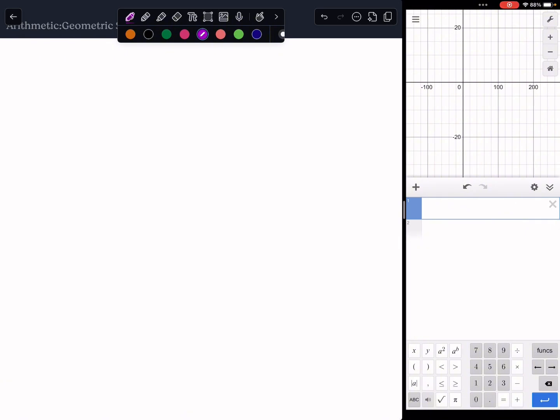So arithmetic. In this sense, we call it arithmetic instead of arithmetic, because when it's followed by the word sequences, it's pronounced arithmetic. Arithmetic means we're adding or subtracting.